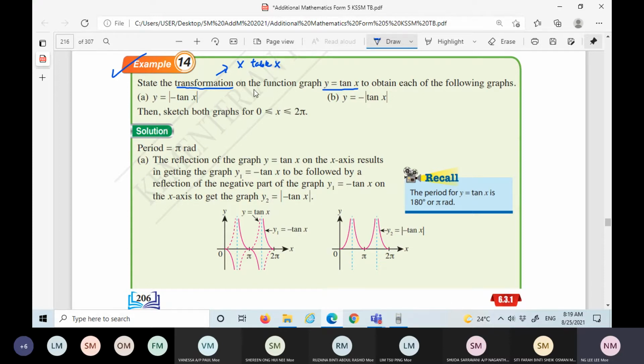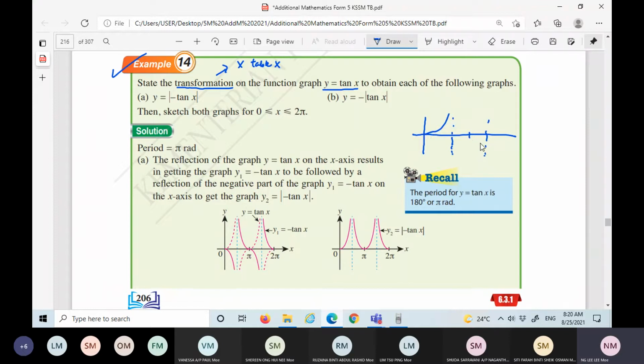So how we do this type of question is we have to use the first method that we learned, step by step. First of all, we do for tangent x. How does tangent x look like? You have to be very fast and sketch the graph. Here 90, here 270, so the graph looks like this.